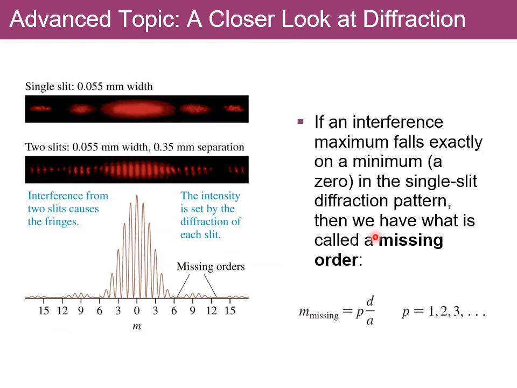If an interference maximum falls exactly on a minimum in the single slit diffraction pattern, then we have what is called a missing order.